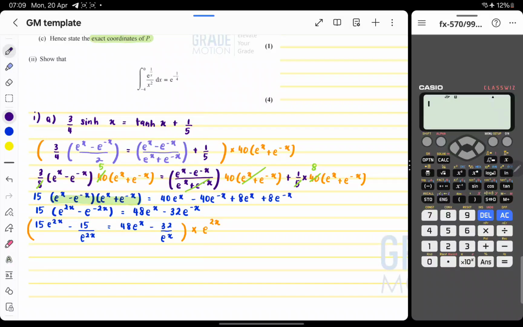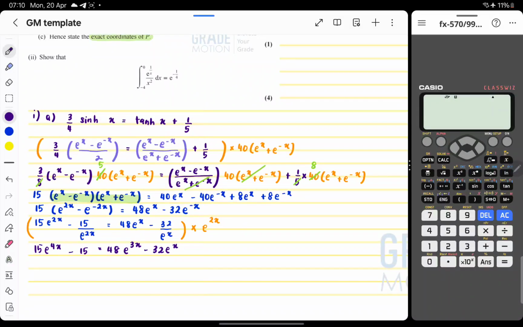So for the first term, when we multiply e to the power of 2x with e to the power of 2x, that would be e to the power of 4x minus 15. These two will just cancel each other, so it will be just 15 equal to 48. So e to the power of x multiplied with e to the power of 2x, that would be e to the power of 3x minus 32, and this one will cancel one of the e^x, so we will get e to the power of x.